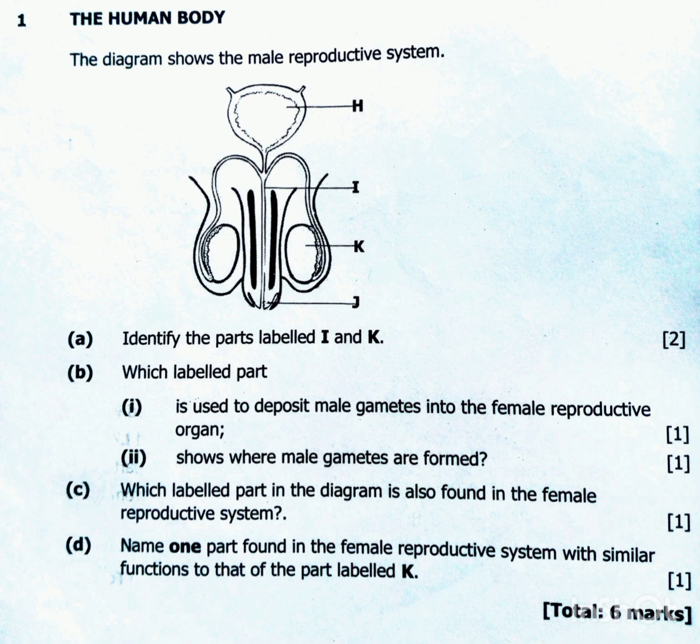Question C: which labeled part in the diagram is also found in the female reproductive system? They want us to identify a structure in the male reproductive system in this diagram which is also found in the female reproductive system.